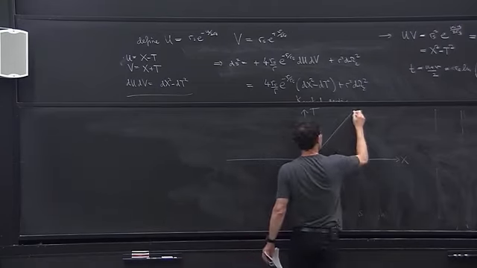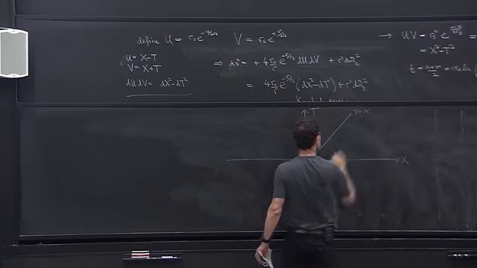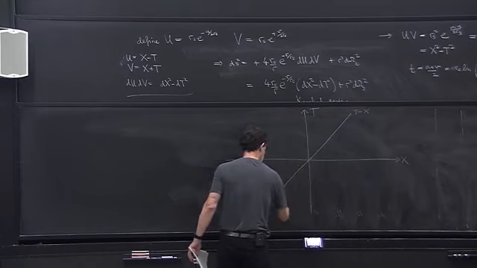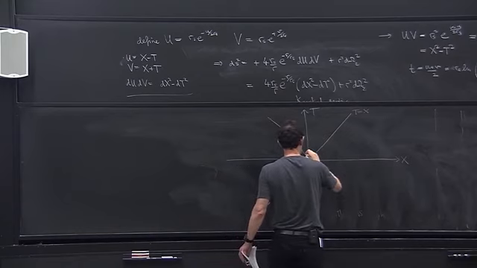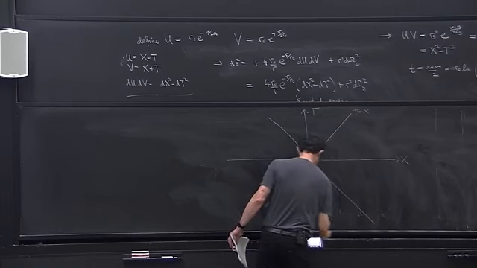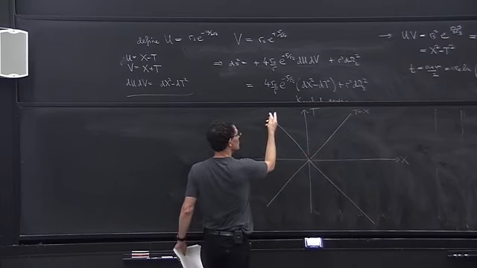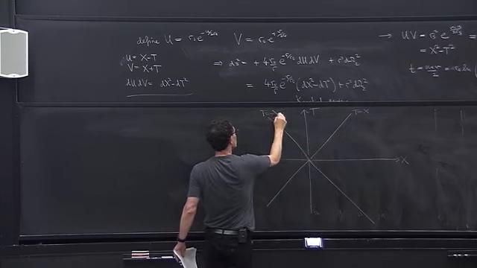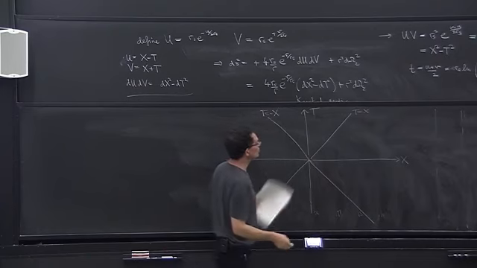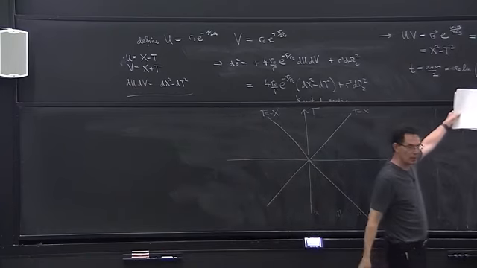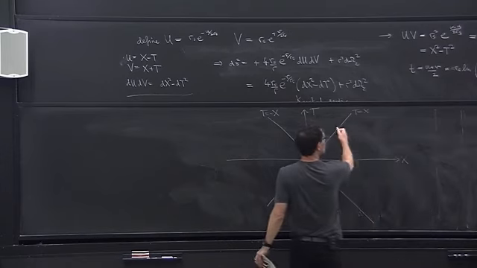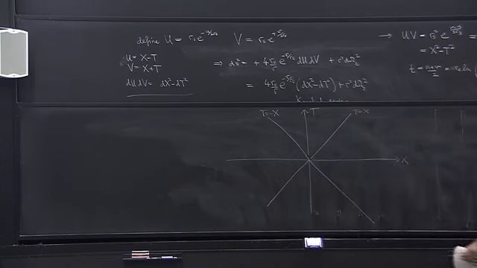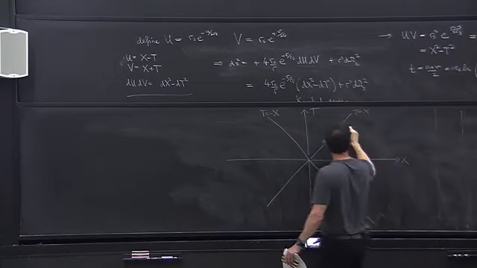Well, this is the line t equals x. It goes off here. This is the line t equals minus x. And you see that on both of these lines, t is slightly problematic. So if t equals x, the denominator vanishes here, and so little t goes to plus infinity.